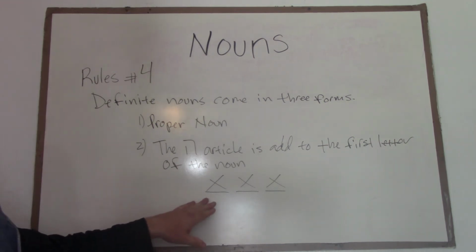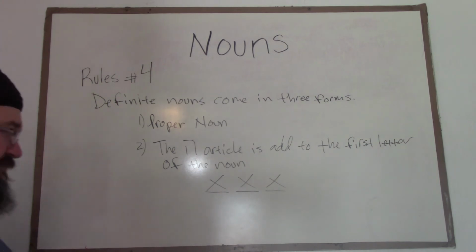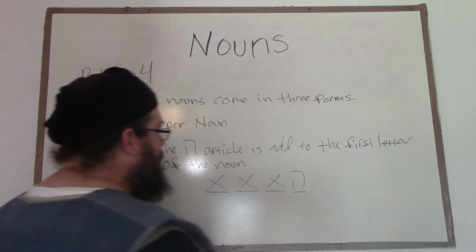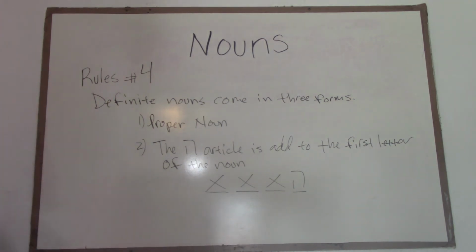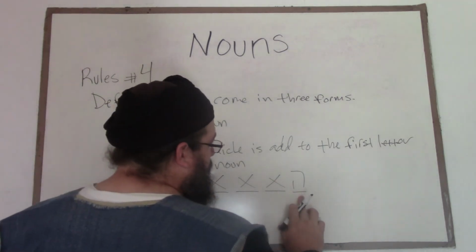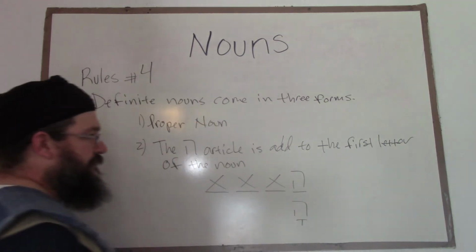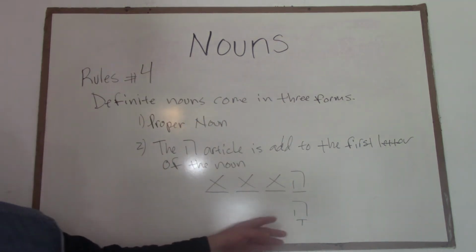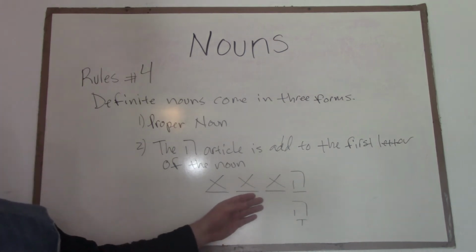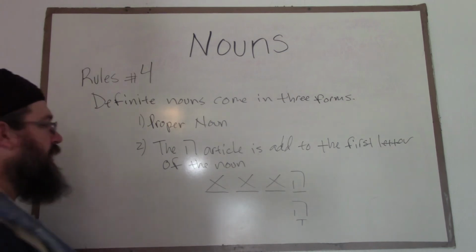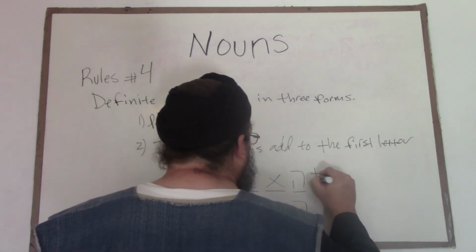So now that X, X, X is my noun, all I have to do is say, if I have a hey, and I put that vowel called a patach or a kamatz, okay? Patach looks like this. A kamatz looks like a T. If I have this or this in front of a noun, I definitely know that it's definite, because the hey article means the word the.